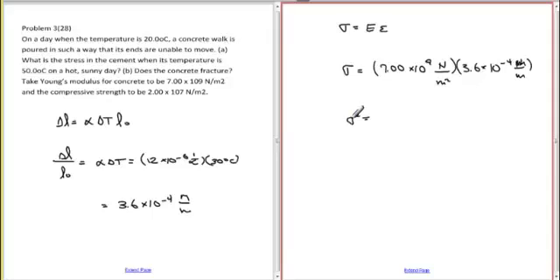And so this stress has the same units as Young's modulus. So 7 times 10 to the 9th times 3.6 e to the minus 4. And I get 2.5 times 10 to the 6 newtons per meter squared.